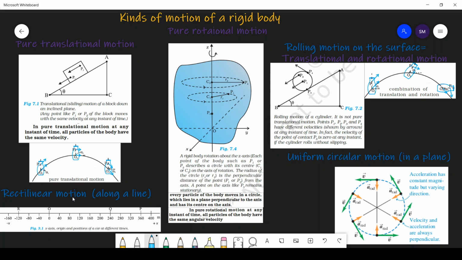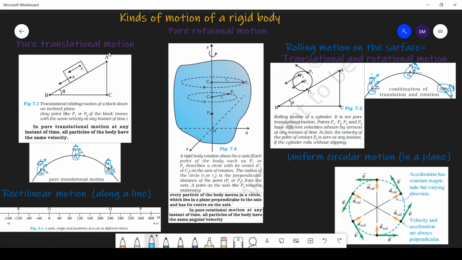First, in chapter 3, we started with rectilinear motion, which is motion along a straight line, and then in the next chapter we studied motion in a plane, and uniform circular motion also, and then we have pure translational motion.